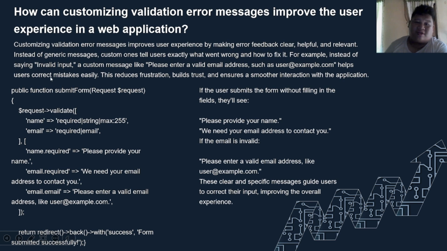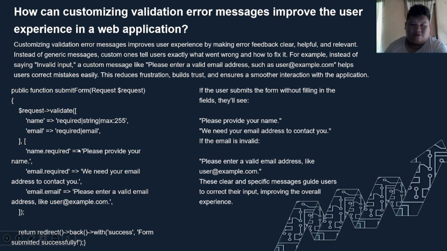For example, instead of saying invalid input, a custom message like please enter a valid email address such as user@example.com helps the user correct the mistake easily. This reduces frustration, builds trust, and ensures a smoother interaction with the application.